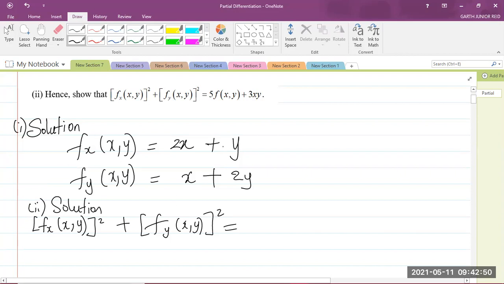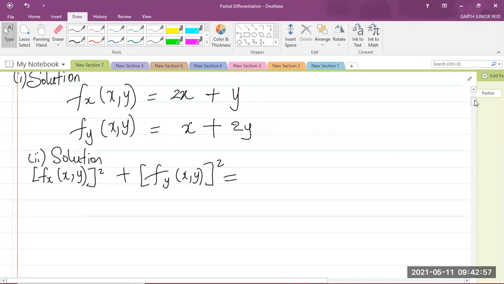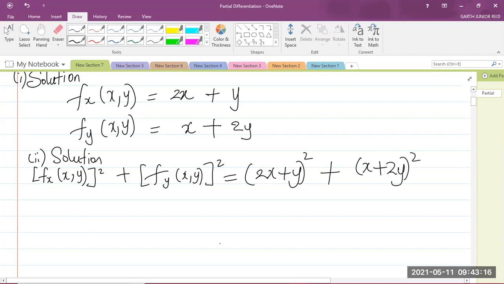We know that the partial derivative of f with respect to x is 2x plus y, and we're squaring that. So that's going to be equal to (2x plus y) squared, plus the partial derivative of f with respect to y, which is x plus 2y, and we're squaring that.